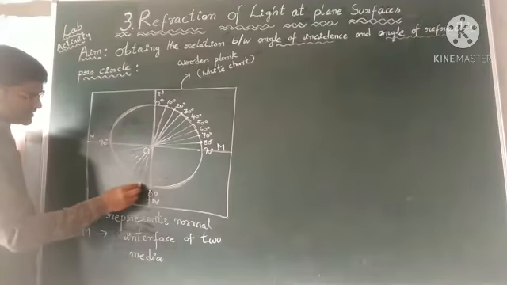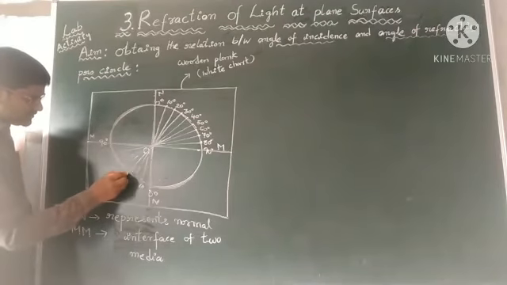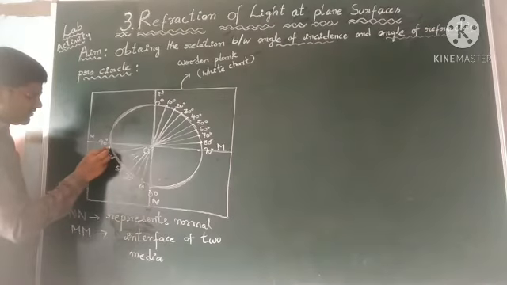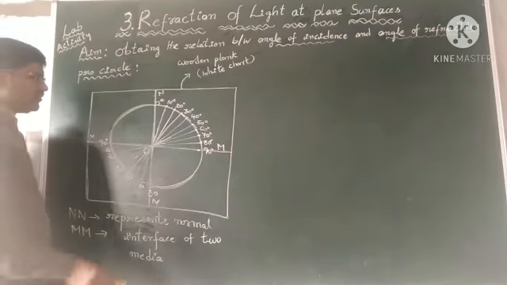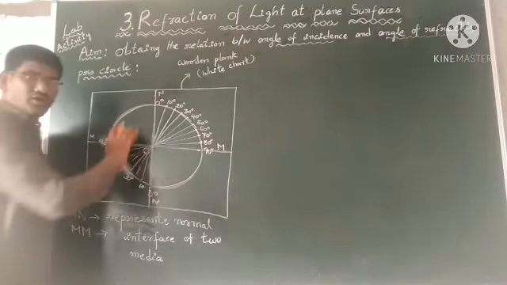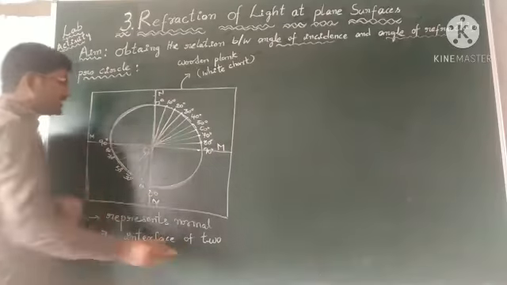We will get the angles here, 10 degrees, 20, 30, 40, 50, 60. So 70 degrees here and 80 degrees here. Like this we will mark the angles on all the sides completely.